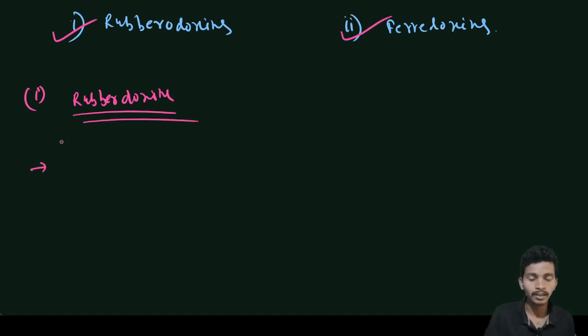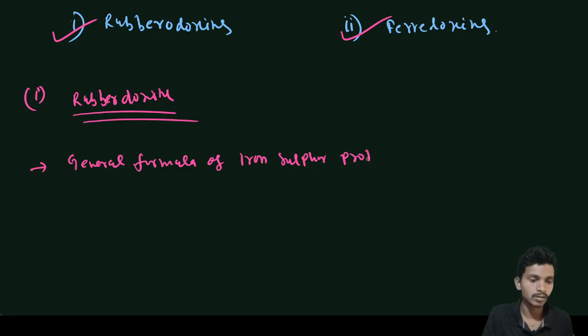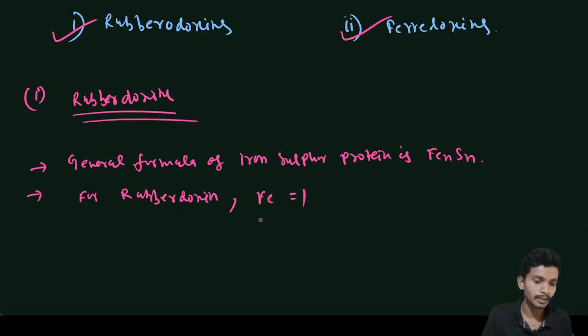So I said that the general formula of an iron sulfur protein is FeNSN. For rubredoxins, Fe is 1 and S is 0.